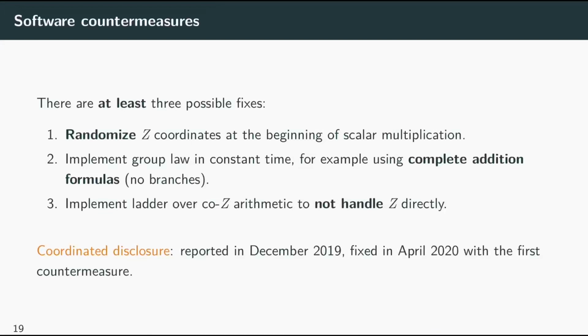The second one is implementing the group law in constant time, for example, using complete addition formulas without branches or corner cases, but this imposes a performance penalty. The third possibility is implementing the Montgomery ladder over co-z arithmetic to not handle z-coordinates directly. We reported our vulnerabilities to OpenSSL in December last year, and they were ultimately fixed in April this year with the first countermeasure applied.